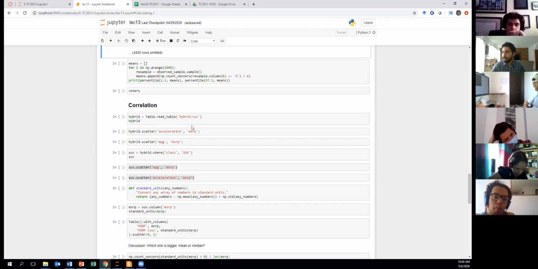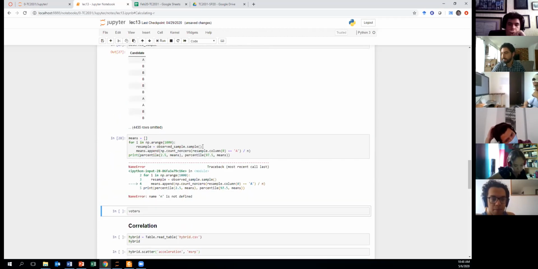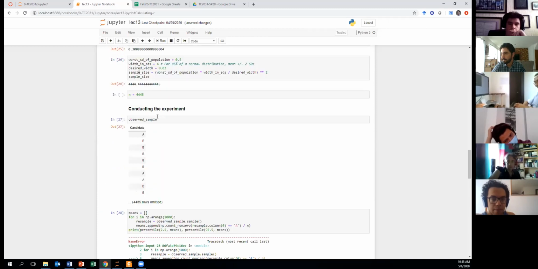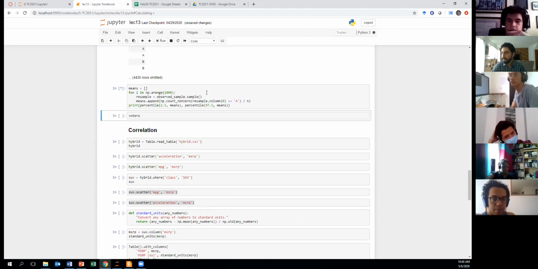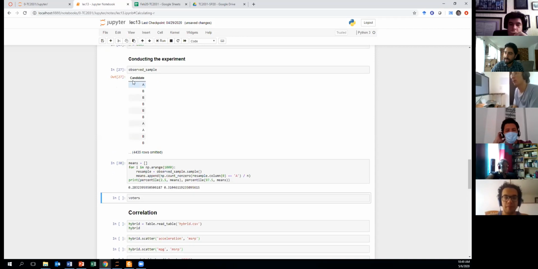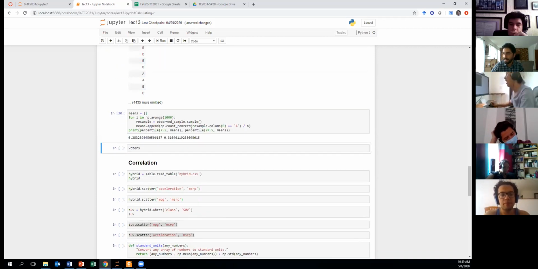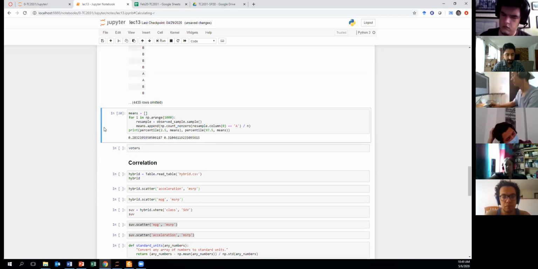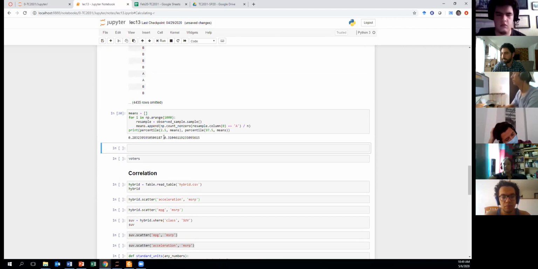Now I want to calculate the 2.5% percentile from my observed samples. I'm resampling from my observed samples 1,000 times, basically doing the bootstrap, and then I get this interval.